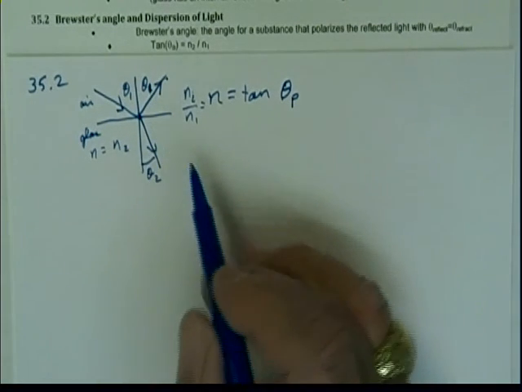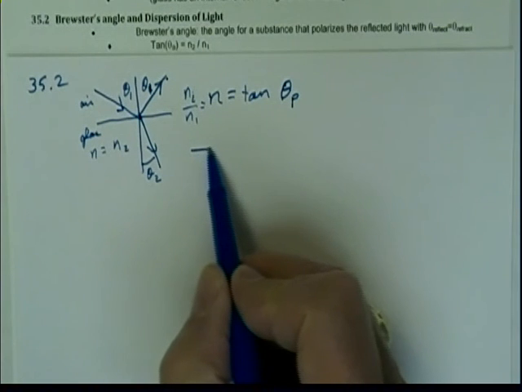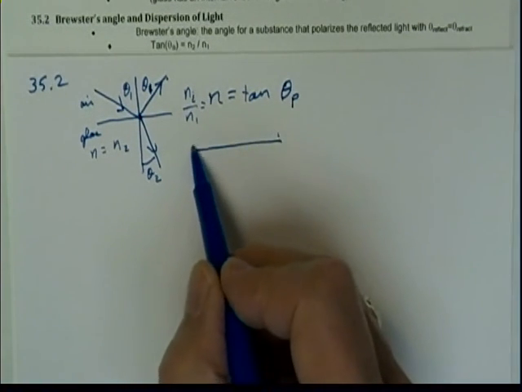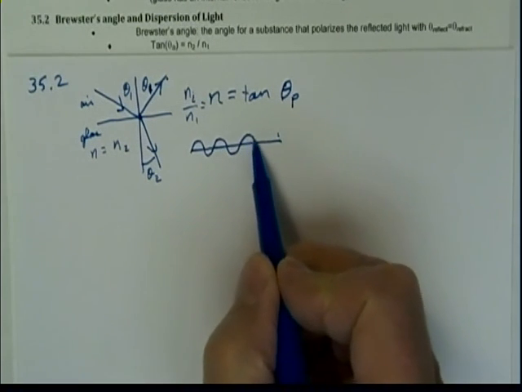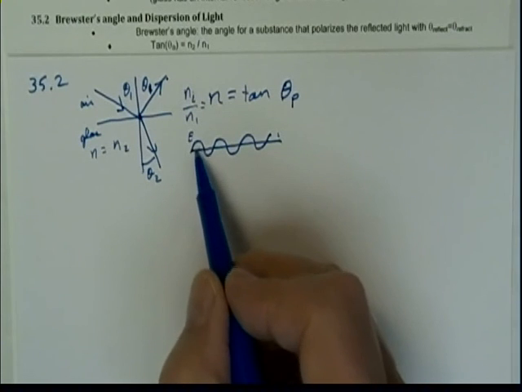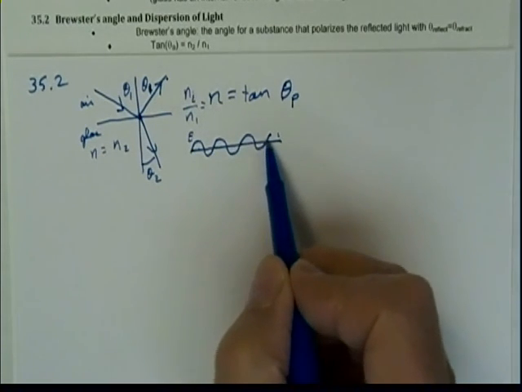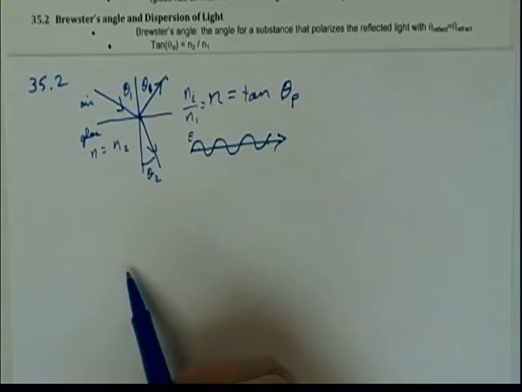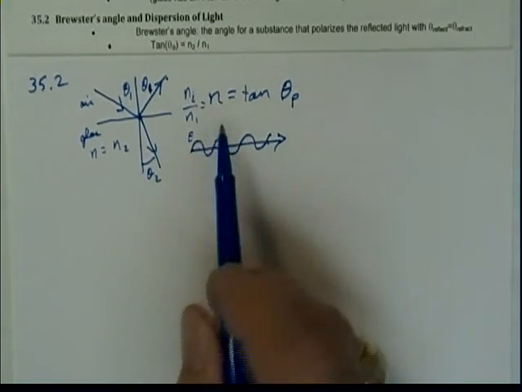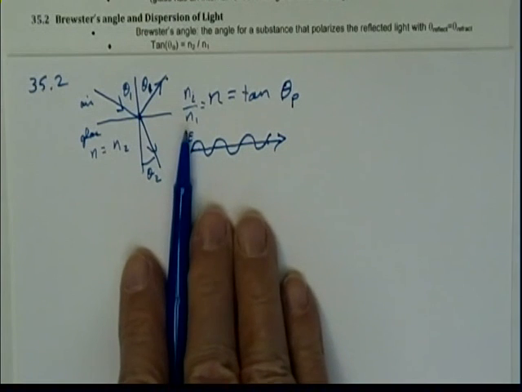And polarization, as you know, comes from the electric field, as we discussed in a previous section. As light is moving along, it's an oscillation in the electric field in a particular direction. The magnetic field would go in and out of the paper at this point, perpendicular to this, and the wave would travel in this direction. Polarized light is where the electric field is all plane polarized.